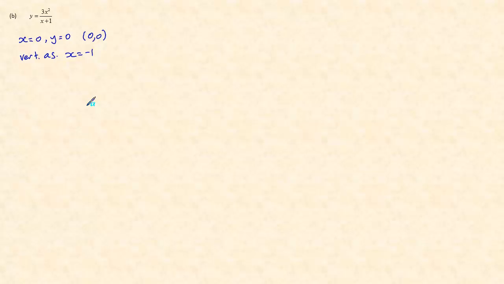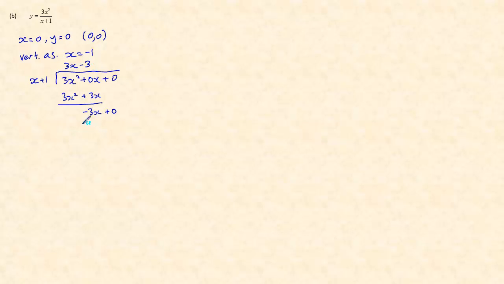Now, it's an improper fraction, so it's a good idea to divide. So we have x plus 1, and then we have 3x squared plus 0x plus 0. So x to get 3x squared, we'd multiply by 3x, and that gives me 3x squared, and then 3x times the positive 1, plus 3x, and we'll subtract, and that's negative 3x, and bring down the 0. x to get negative 3x is negative 3.